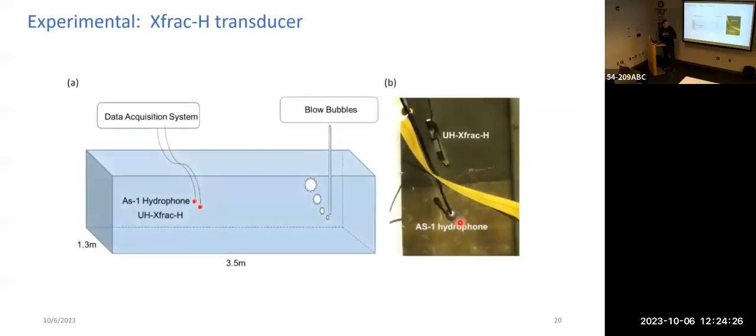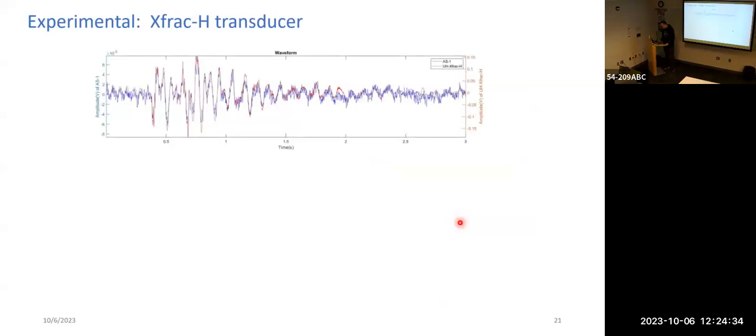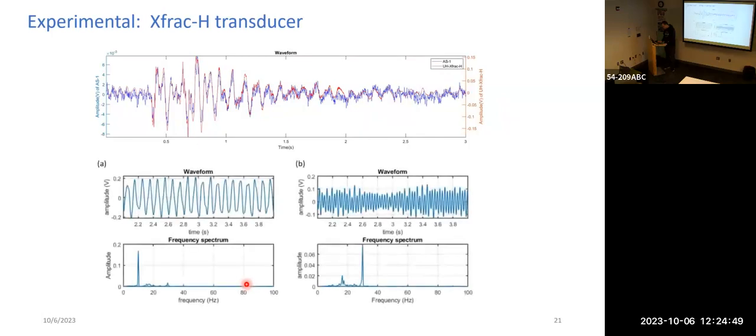We also tested with our low frequency source, using an air bubble in the water tank. And here is the recorded waveform from both the commercial hydrophone and our transducers. You can see our transducer can capture the low frequency signal well, but for the high frequency oscillation, the flexural mode cannot work. And that is a validation using our low frequency source.